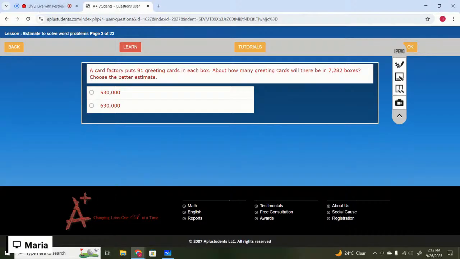A card factory puts 91 greeting cards in each box. About how many greeting cards will there be in 7,282 boxes?